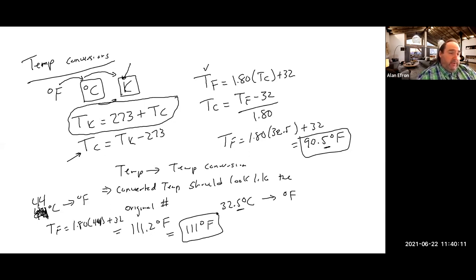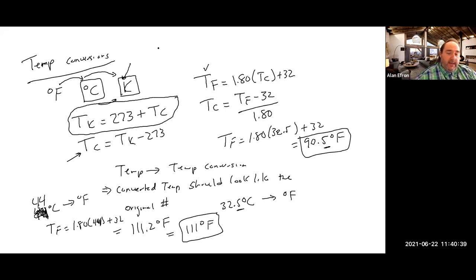If it was to 1 decimal place, you should take the converted one to 1 decimal place. If it was 2 decimal places, take it to 2 decimal places, and so forth. So temperature conversions follow a slightly different arrangement than normal sig figs. Again, the original number is what the final number should look like in terms of decimal places.